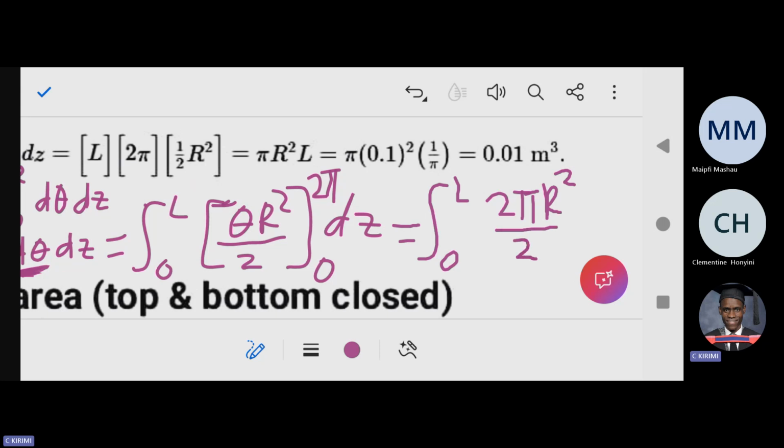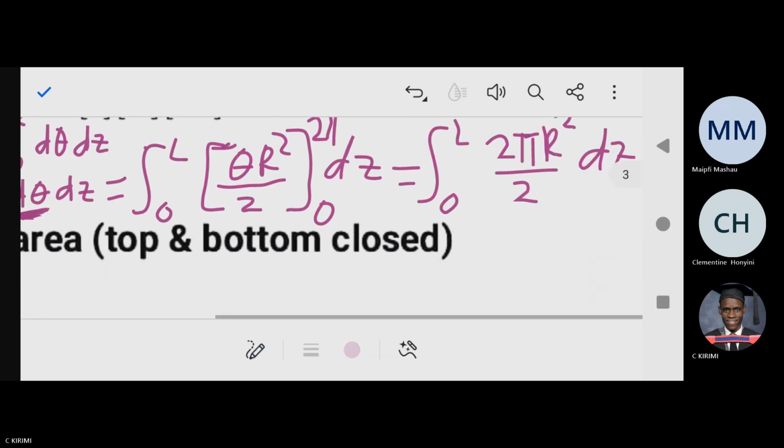I did not change. So now I integrate again with respect to dz so that I get the final answer. What is the answer here? The integral of 2 pi r squared over 2 with respect to z. What do you get? Integrate. What do you get here? It's equal to what?